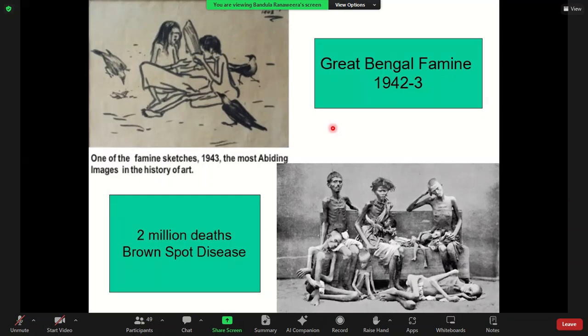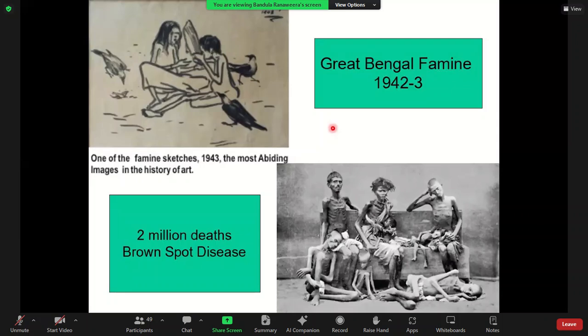Not only that, there are many reasons to control plant diseases. Right. So to control plant diseases, we need to understand how the diseases are caused, what the reasons are for plant diseases.